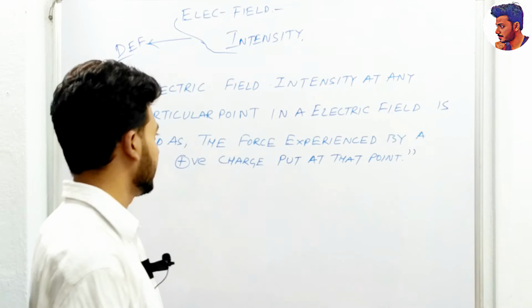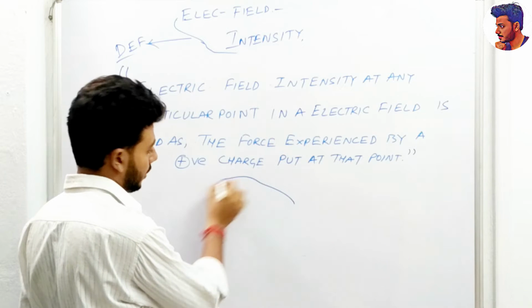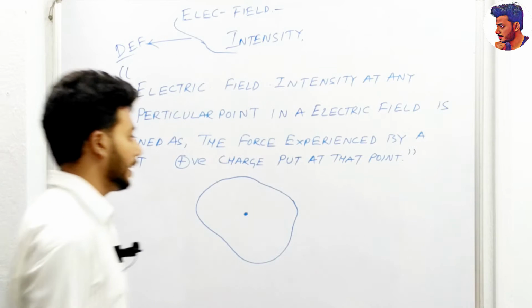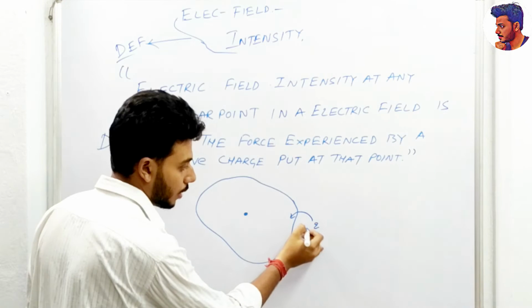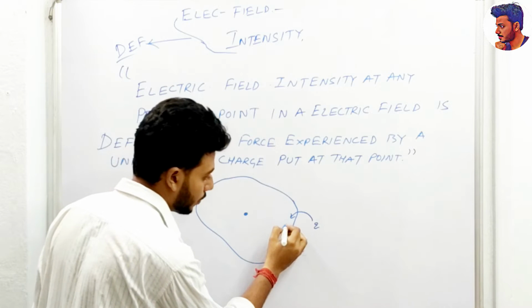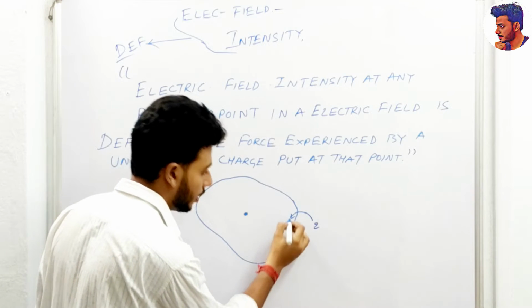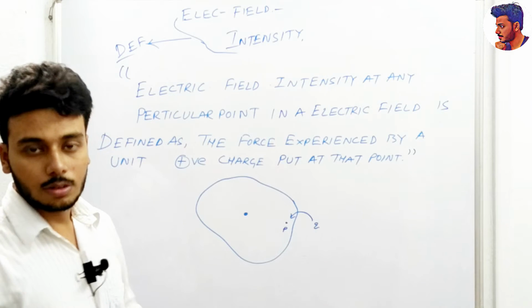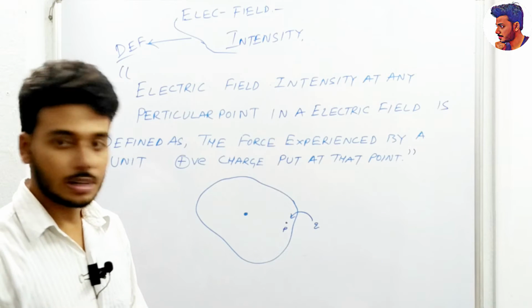So what does that mean? It means that if this is my electric field, and this is my source charge, and if I put a test charge of the value Q at a point P, then it will experience a force. That force is actually the electrostatic force.